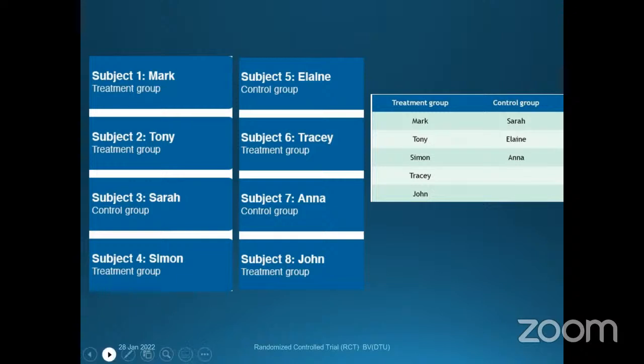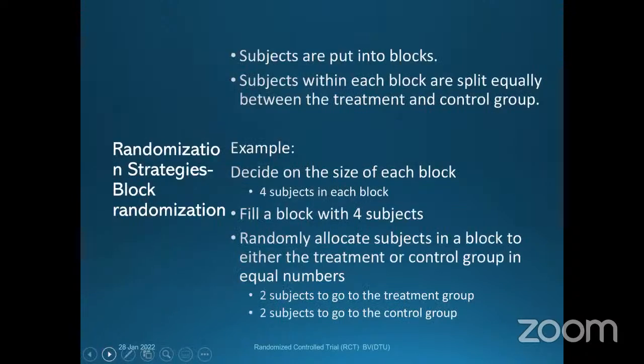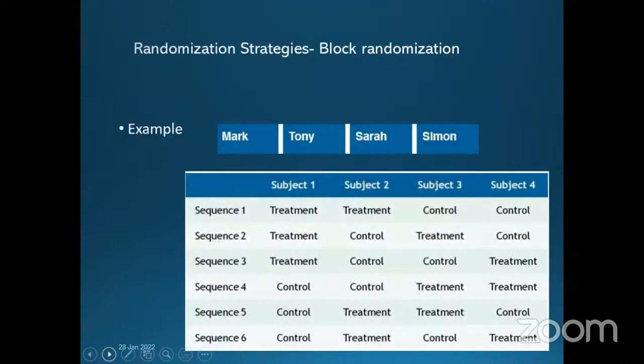There are other methods of randomization, such as block randomization. Subjects are put into blocks. Subjects within each block are split equally between the treatment and control groups. Decide on the size of each block. In block randomization, you can select sequence 1, sequence 2, sequence 3, sequence 4.